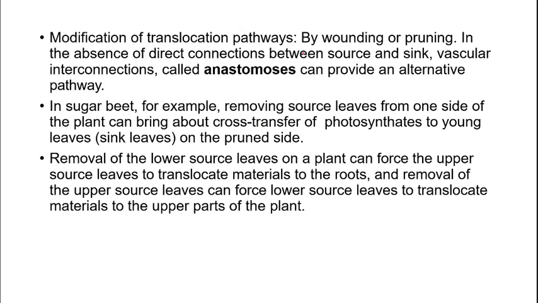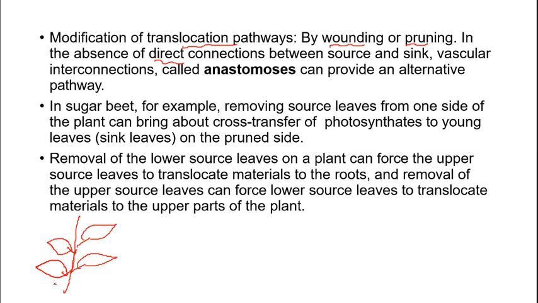So they modify their translocation pathways. When there is any kind of wounding or pruning, the direct connection between the vascular tissues is lost. For example, if this is a plant and the leaves towards the left side fall due to any reason.